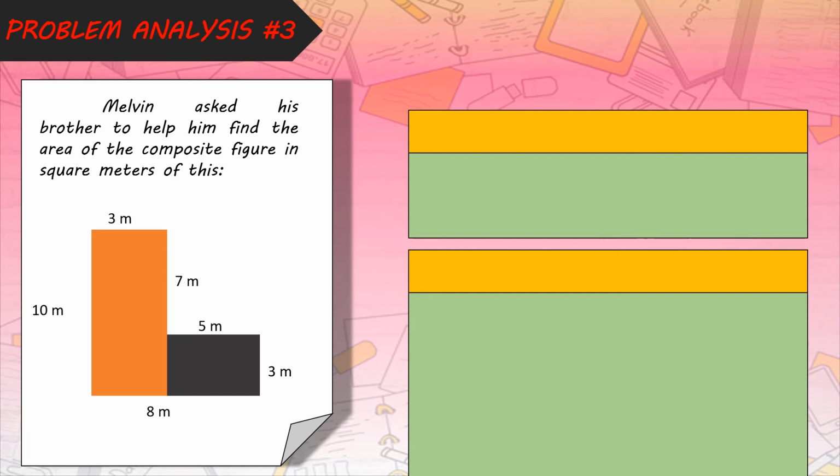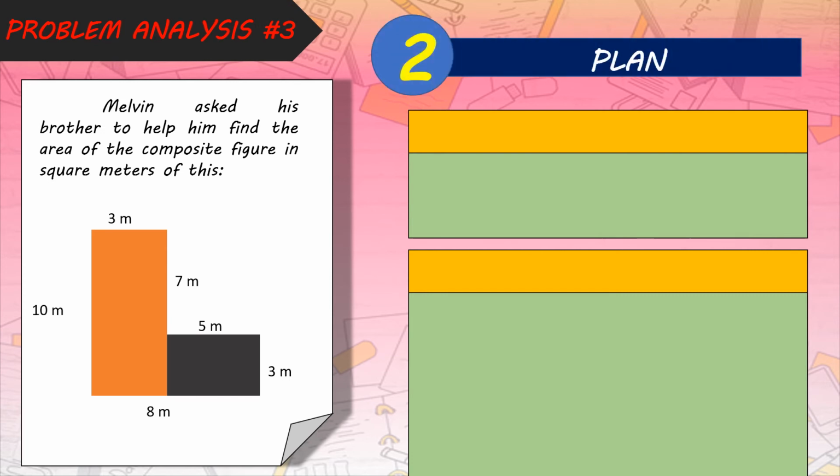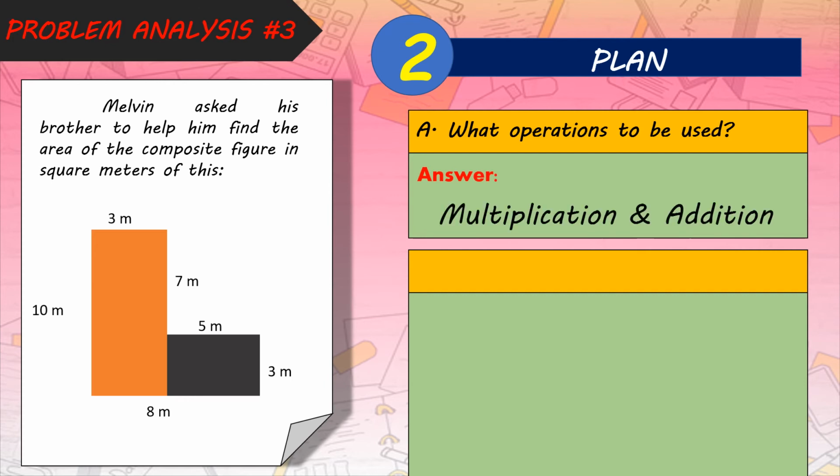After understanding the problem, the second process is to plan. Here we are going to answer the questions. First, what operations are we going to use? What do you think is the answer? Correct. We're going to use multiplication and addition. The second question is, what would be the number sentence?